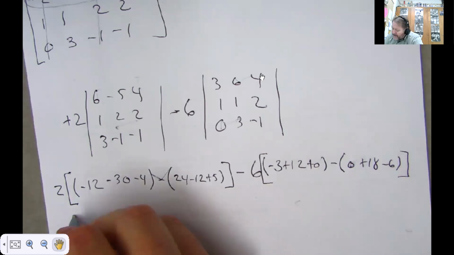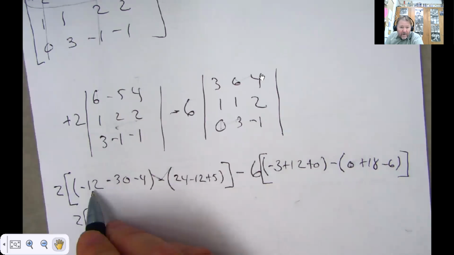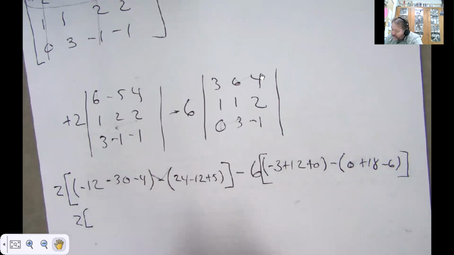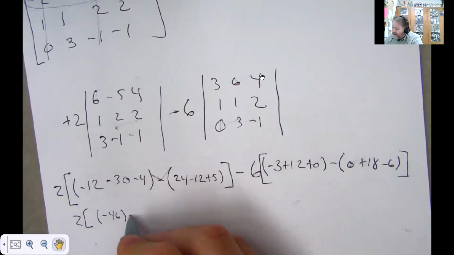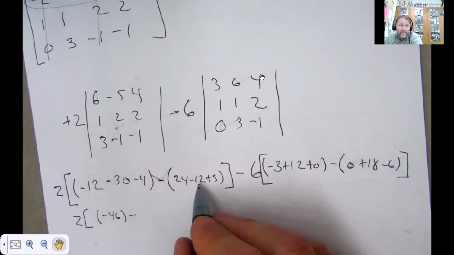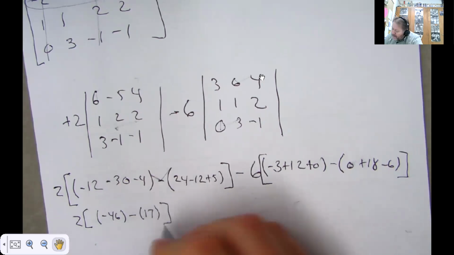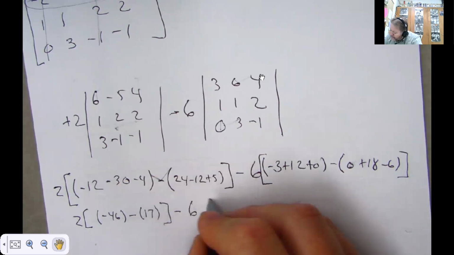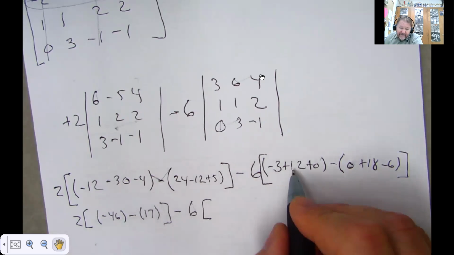This is going to be 2 times, and I got negative 12 minus 30 minus 4 is negative 46. Minus, I got 24 plus 5 is 29, and 29 minus 12 is 17. Minus 6 times, it's going to be negative 3 plus 12 plus 0 is 9.